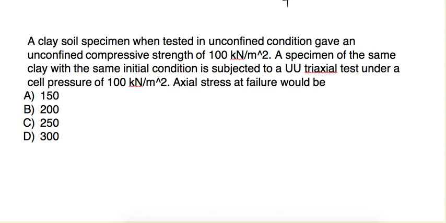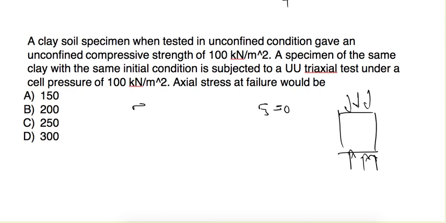Next question is, a clay soil sample when tested in unconfined condition gave an unconfined compressive strength of 100 kN per meter square. So unconfined condition means sigma 3 is equal to 0, and whatever stress is given, that is sigma 1, it is 100 kN per meter square.